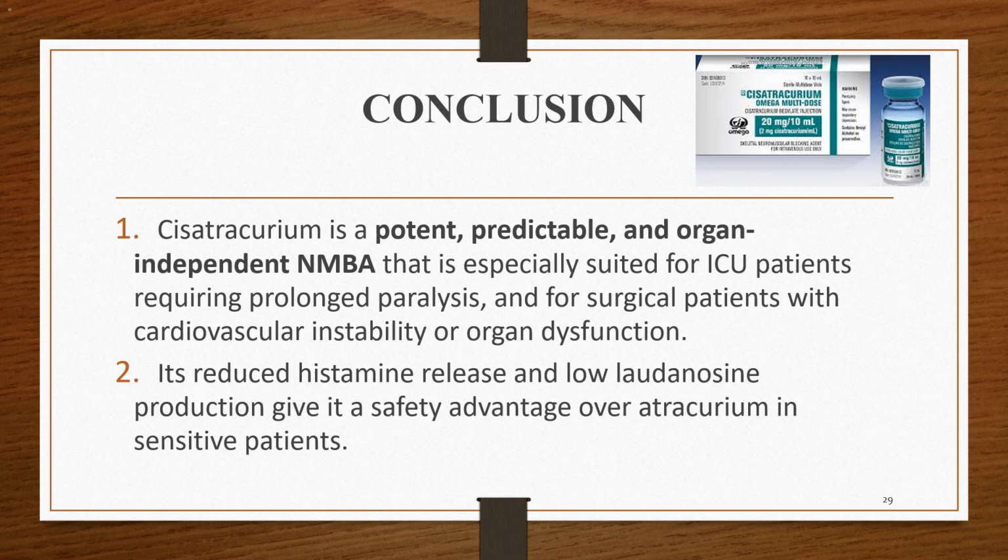Especially suited for ICU patients requiring prolonged paralysis. Cisatracurium is a good choice for long-term muscle relaxation in critically ill ICU patients, and for surgical patients with cardiovascular instability or organ dysfunction. Cisatracurium causes minimal effects on heart and blood vessels and doesn't rely on organs like liver or kidneys for breakdown.